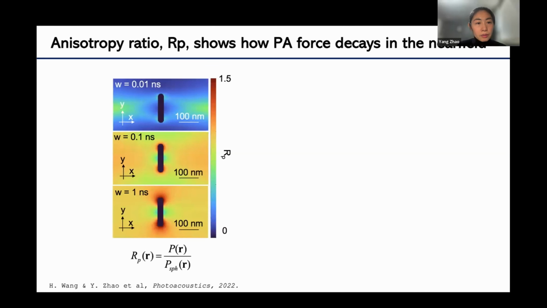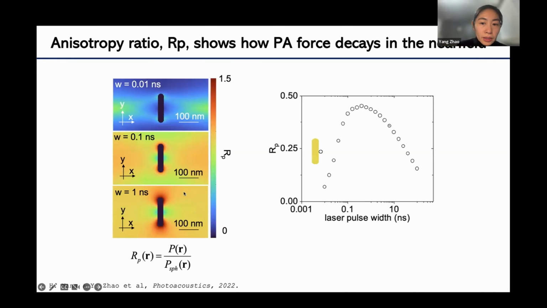We analyzed different pulse durations here, some of the pulses being rather short compared to what people are using right now, but this is just to give you an idea that there might be a way to optimize the pulse durations to amplify the photoacoustic forces, or the photoacoustic amplitude, further.